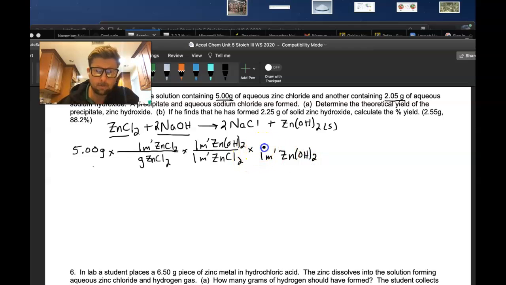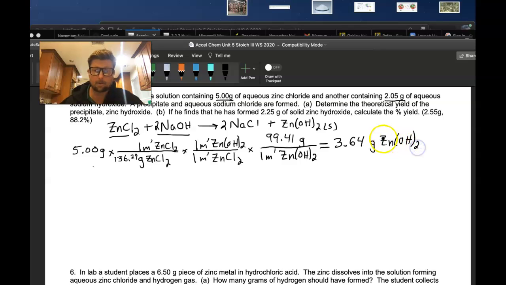I'll pause the video and I'll have the molar masses written in. After putting in the molar mass of zinc chloride, 136.29 grams per mole, and the molar mass of zinc hydroxide, 99.41 grams per mole, and multiplying this expression, we get 3.64 grams of zinc hydroxide.